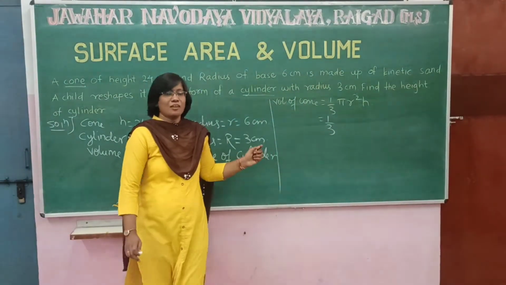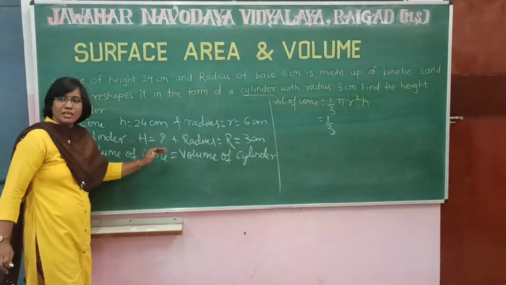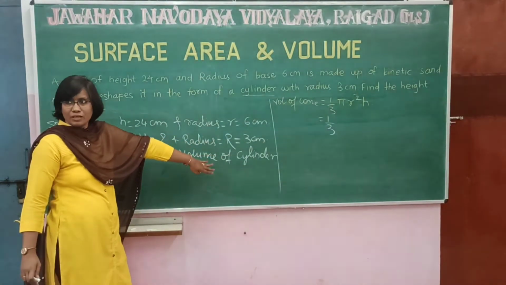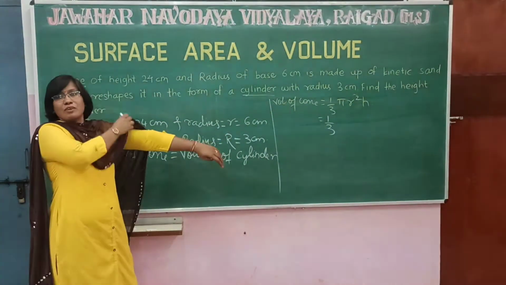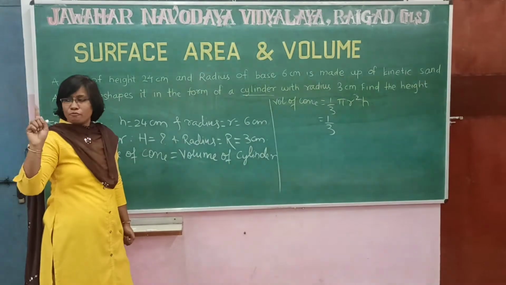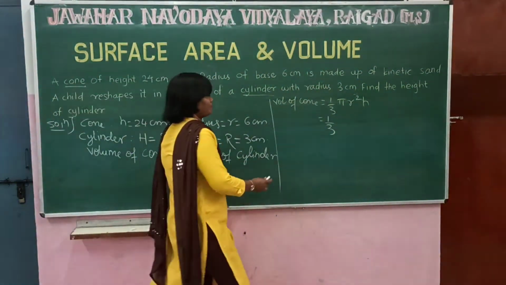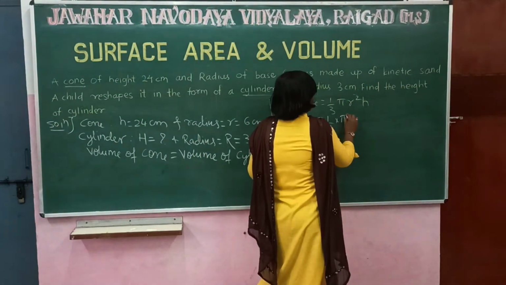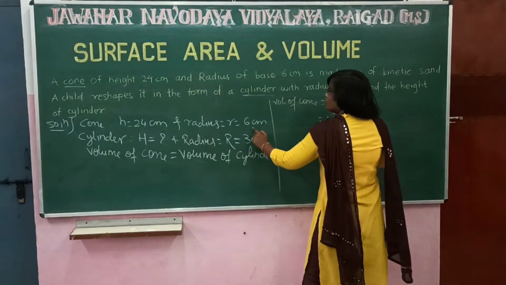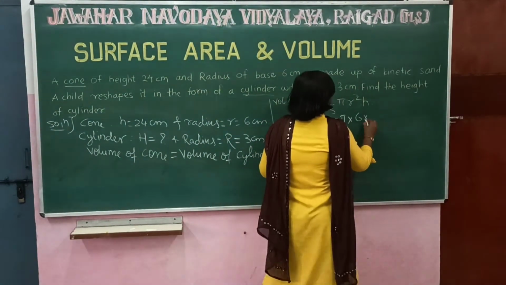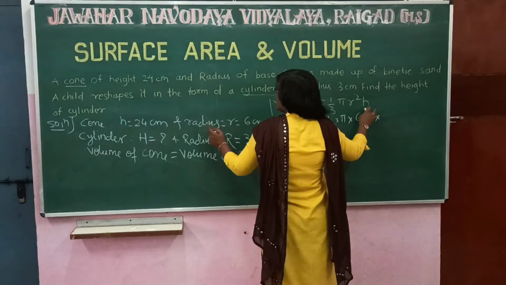Whenever such problems are there, where the volume of one solid figure is equal to the volume of another solid figure, please see to it that we avoid substituting the value of pi. We will keep pi as it is. Small r value is 6, so 6 into 6 into small h value, which is 24.